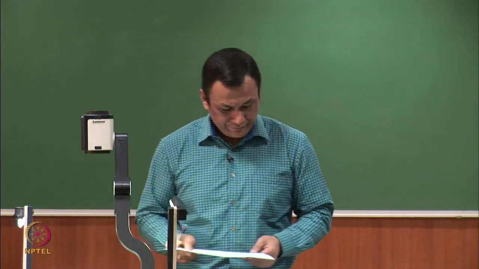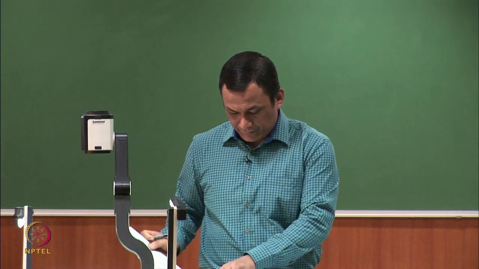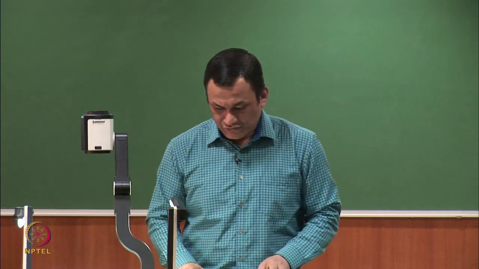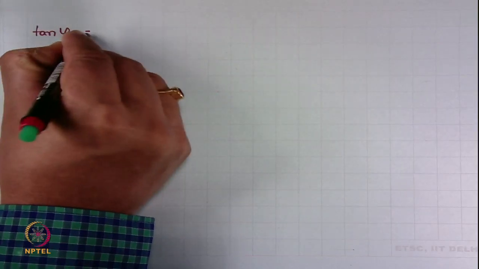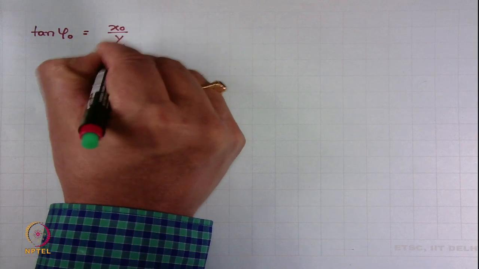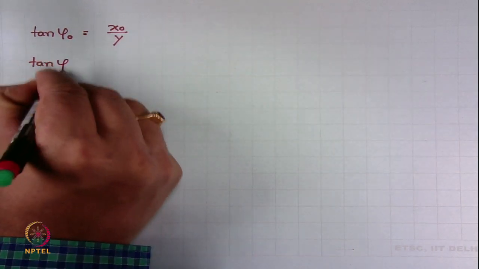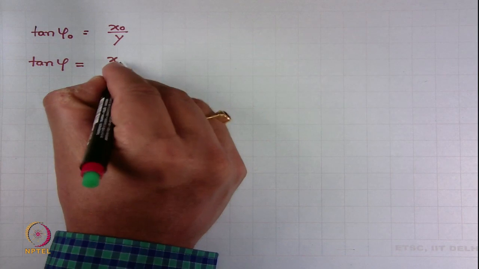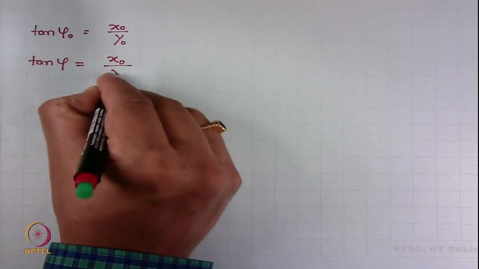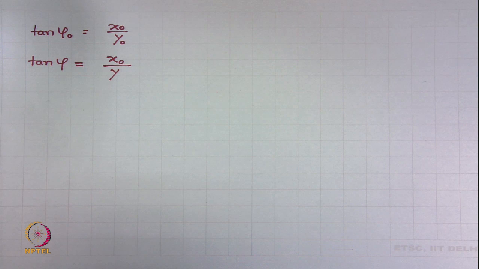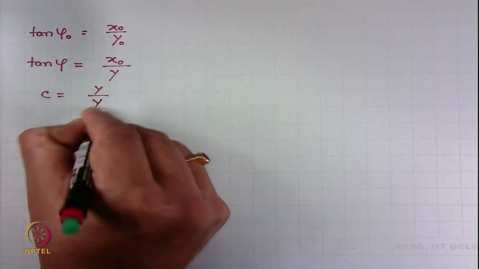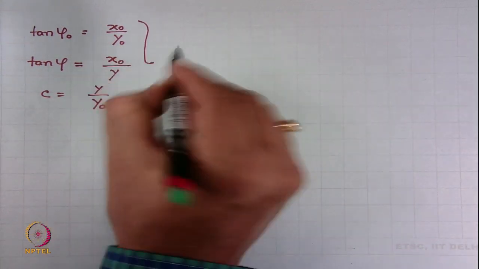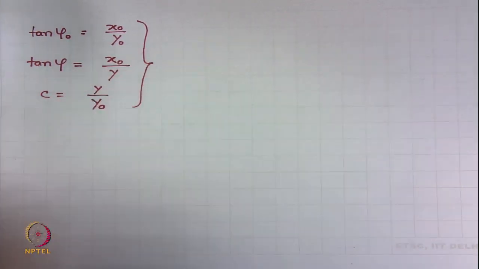Let us write it one more time. Three equations: one, tangent of psi naught is equal to x naught by y naught; two, tangent of psi is equal to x naught by y; and C is equal to y by y naught. These three are our given relations.